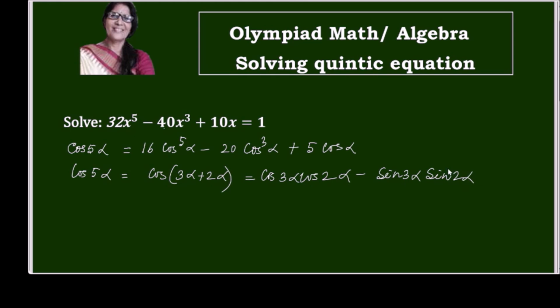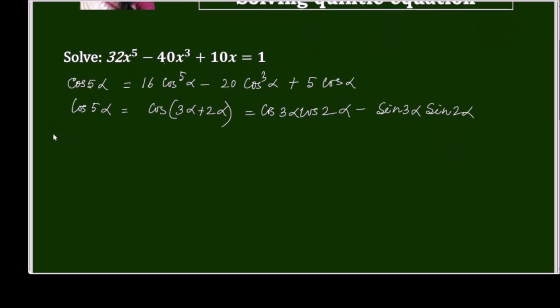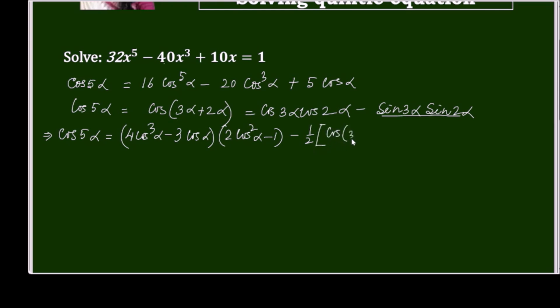Next I'll put the formula for cos 3 alpha, which is 4 cos^3 alpha minus 3 cos alpha, and cos 2 alpha is 2 cos^2 alpha minus 1. For the second term, I'll put the formula sin A sin B, which is half of cos(A minus B) minus cos(A plus B): 3 alpha minus 2 alpha is alpha, and 3 alpha plus 2 alpha is 5 alpha.